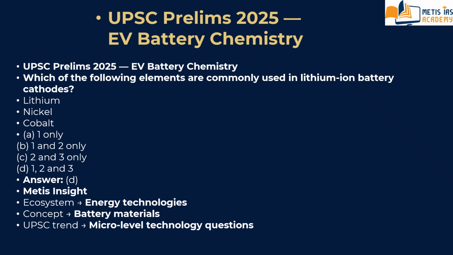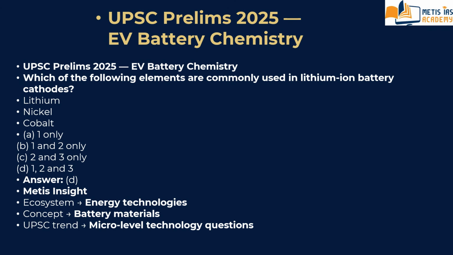What is the UPSC trend? Micro level technology questions. So you have to understand, identify and analyze, and keep revising these concepts like lithium ion batteries, energy technologies, etc. These are the questions UPSC asked.